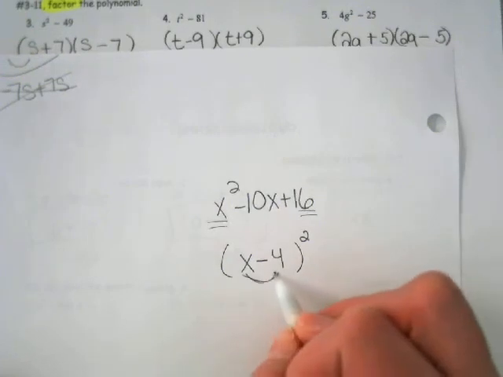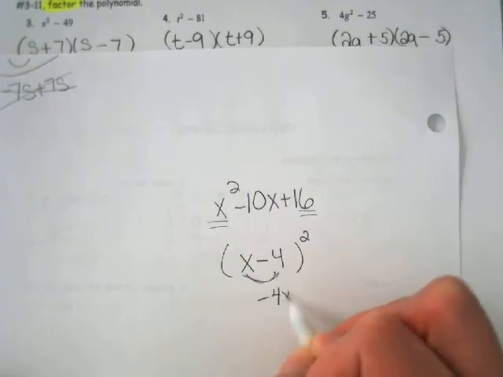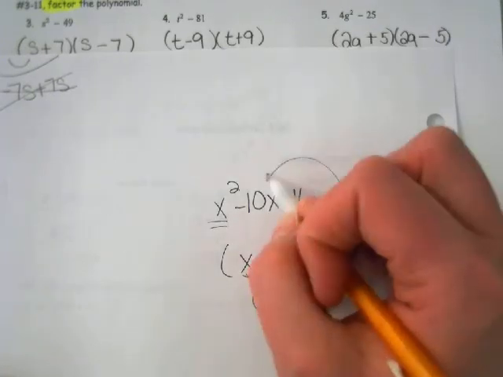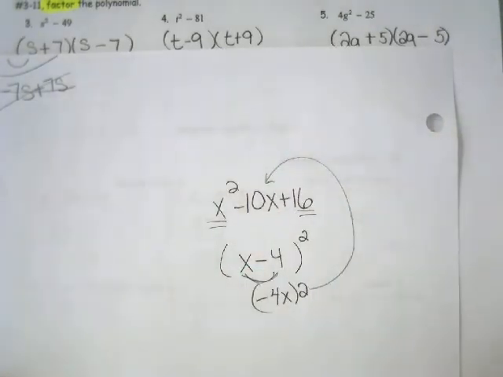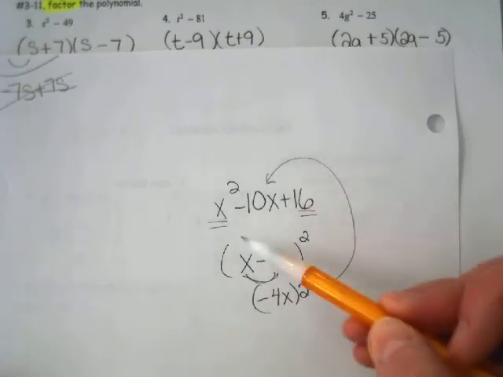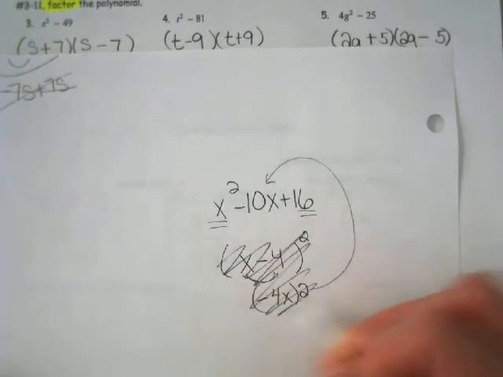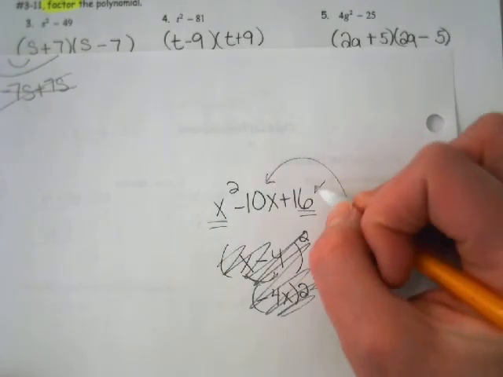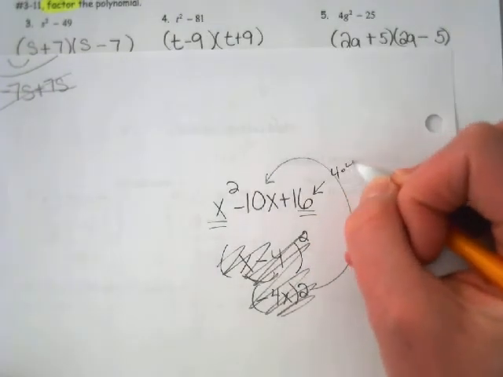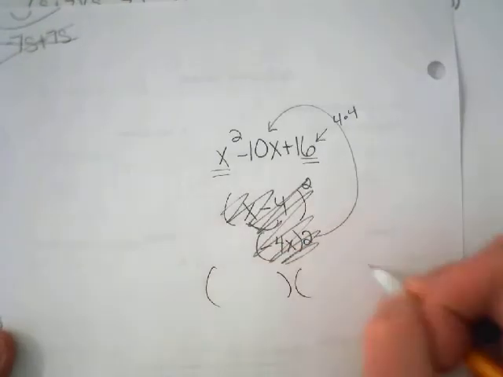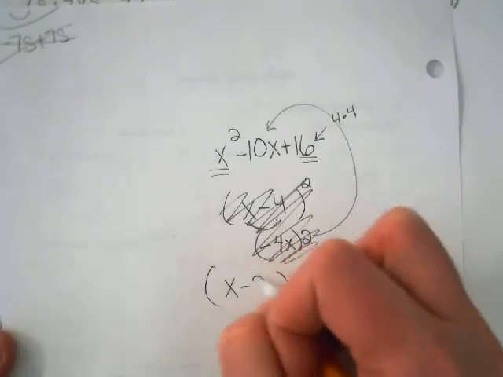But if I go x minus 4 quantity squared, when I multiply these together, I get a negative 4x, and then when I double this, I do not get the correct middle term. This is a really mean one because the first and last are perfect, but there's another combination that multiplies to get 16 besides 4 and 4.